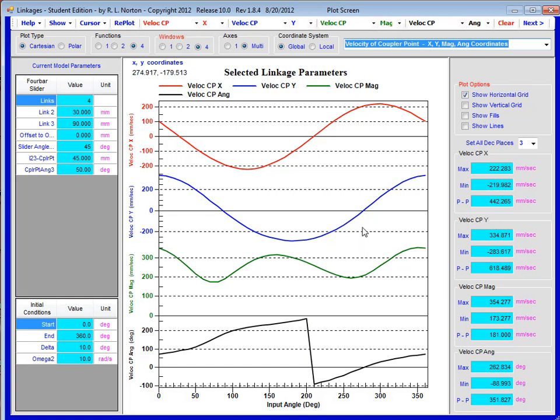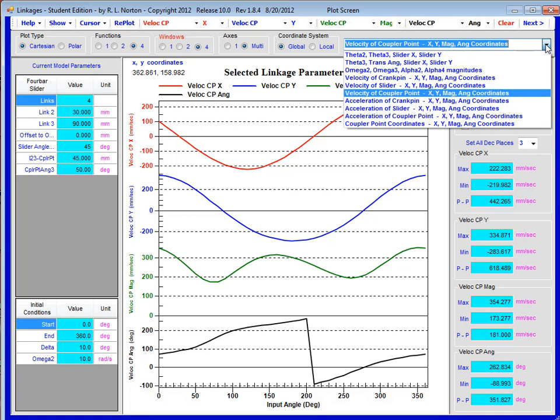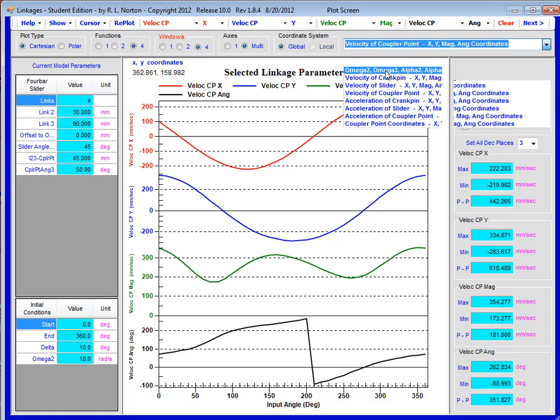And then you're also asked to find the plot for the angular velocity of the coupler. For that one, of course, that's omega 3. Omega 2 is the angular velocity of the crank, and omega 3 is the angular velocity of the coupler.